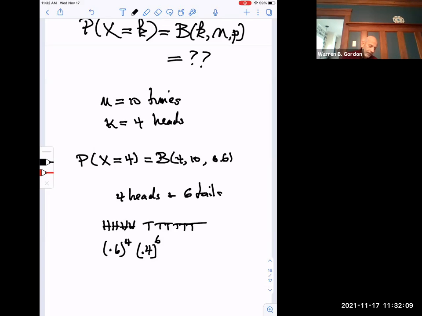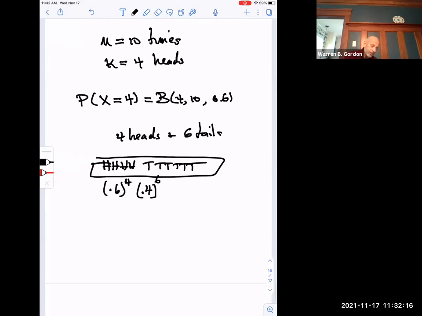So the question really is, how many committees, this is really a committee of 10, right? There are 10 items here. So how many committees of 4 heads can I get from here? The number of ways that could happen is 10 choose 4, right?